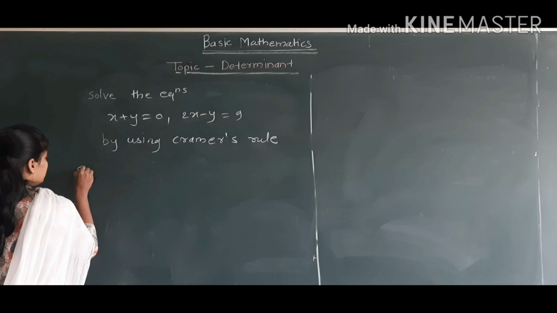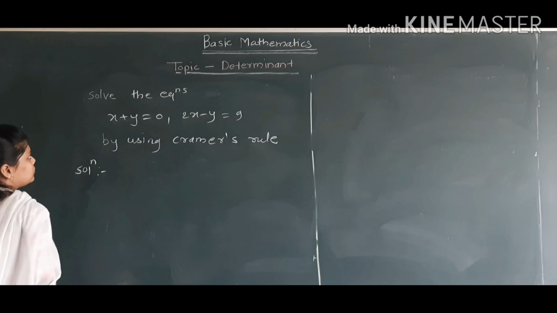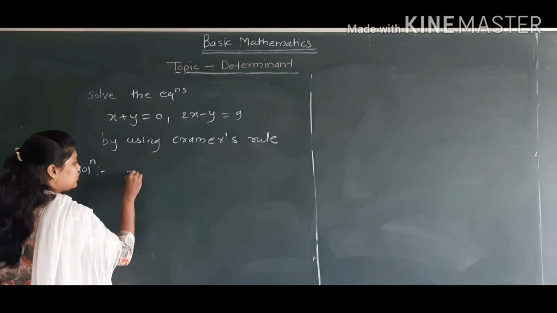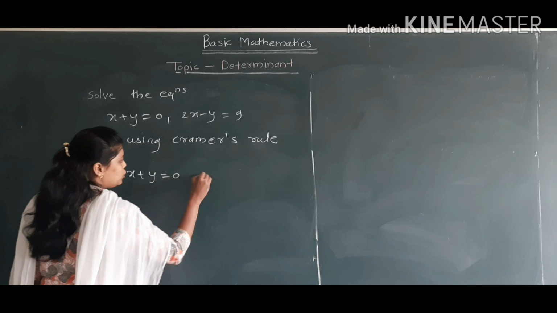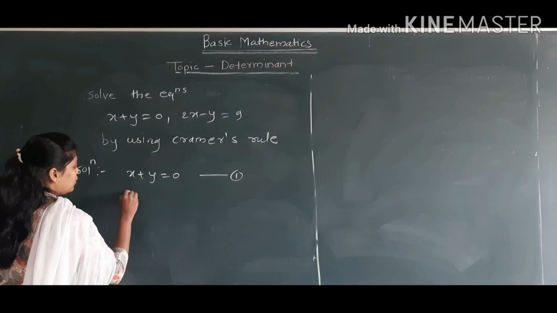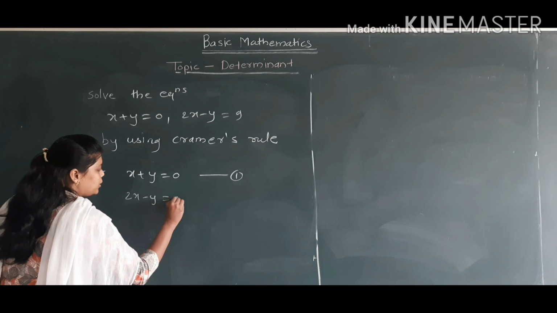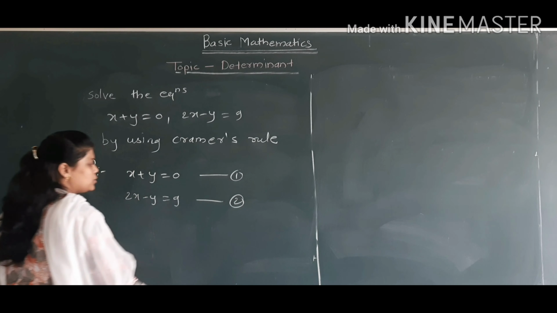Solution. First write the equation x plus y equal to 0 as our equation 1, and 2x minus y is equal to 9 as our equation 2.